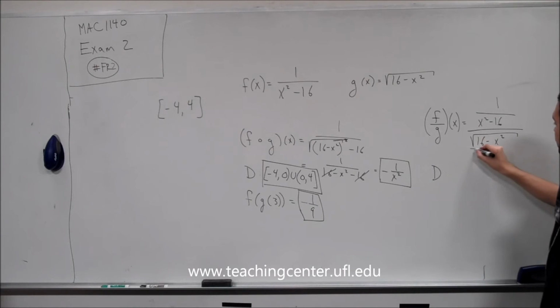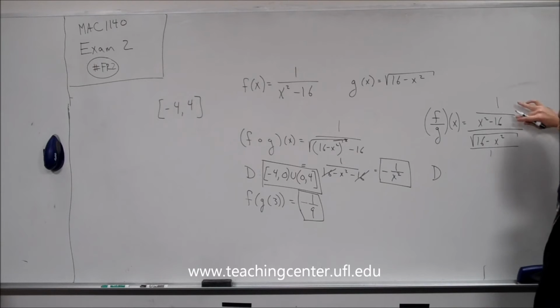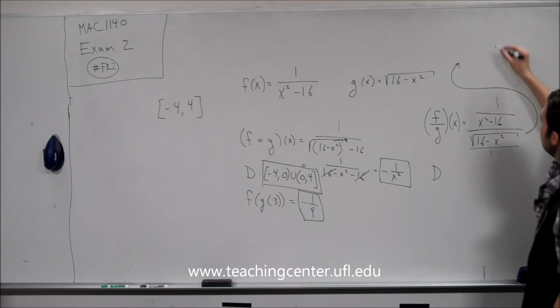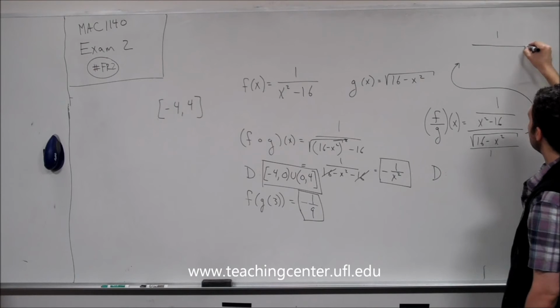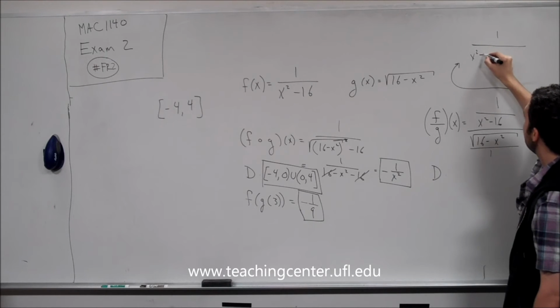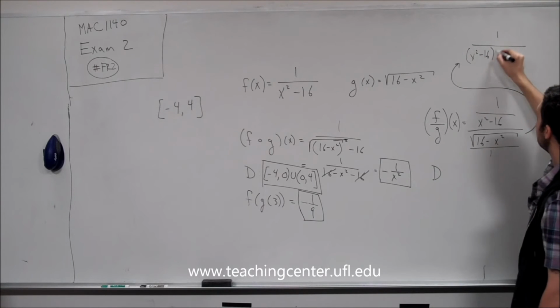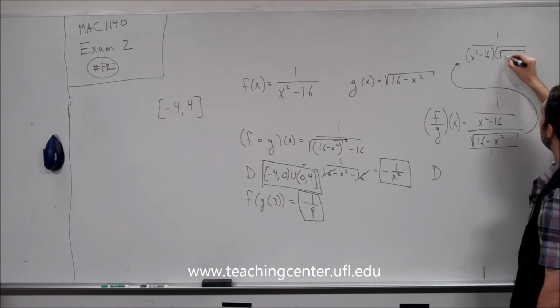If this is divided, you can really think of this as being over 1. And if you have a fraction over a fraction, we can flip and multiply. So if you flip and multiply, you just get 1 over x squared minus 16 times the square root of 16 minus x squared.